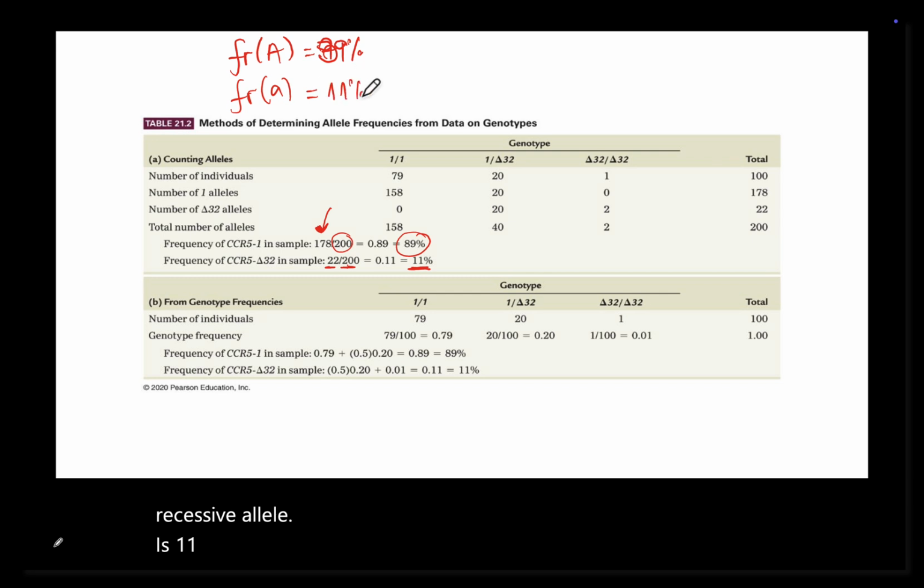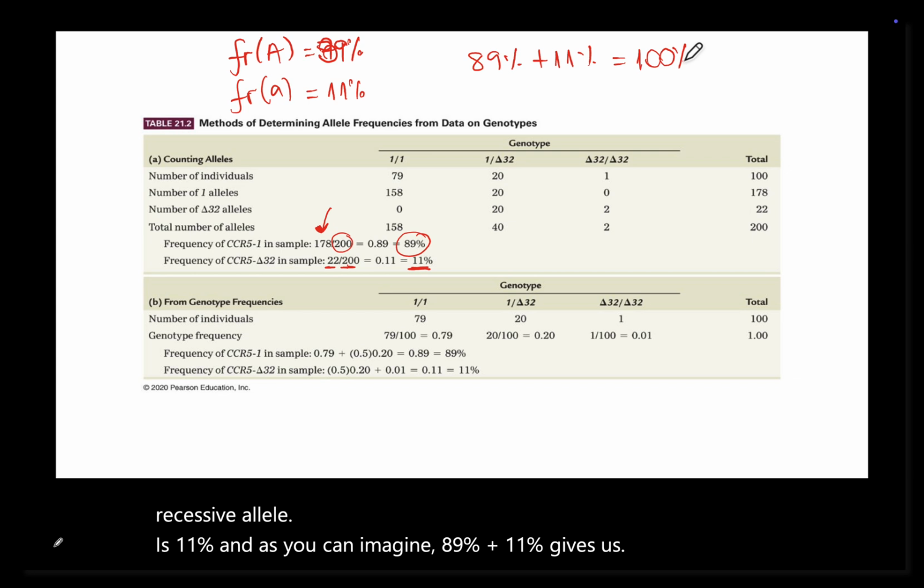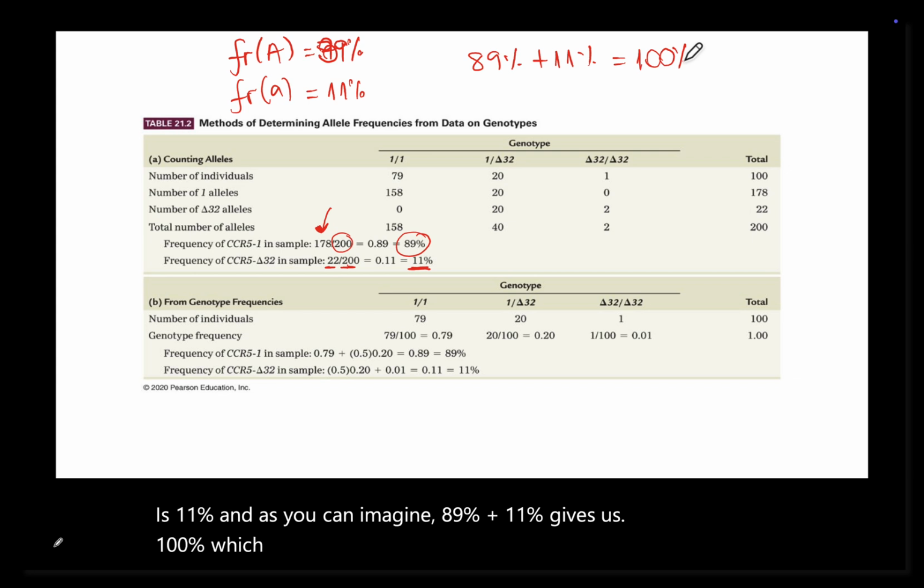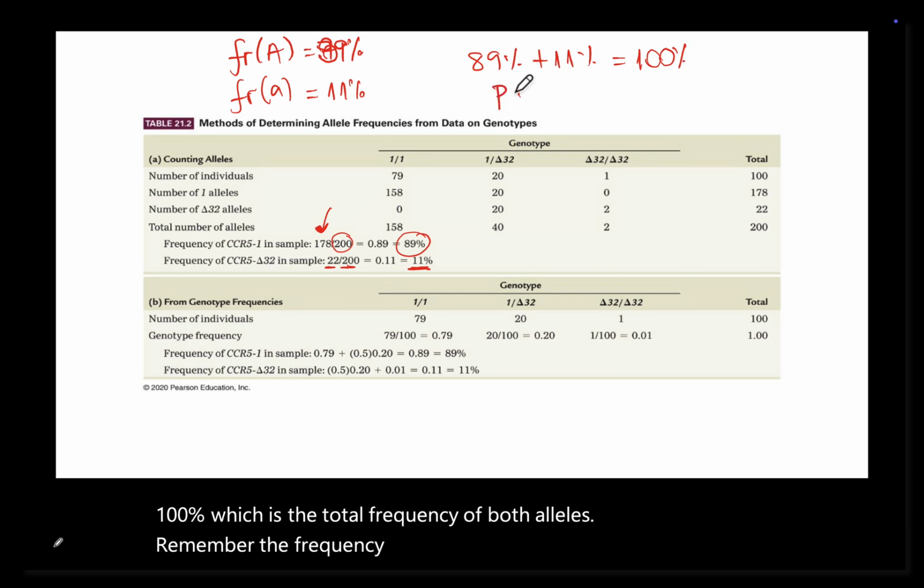And as you can imagine, 89% plus 11% gives us 100%, which is the total frequency of both alleles. Remember, the frequency of p plus q has to be equal to 1.